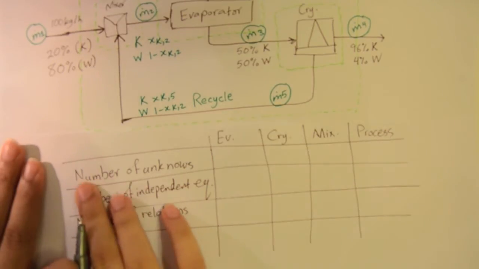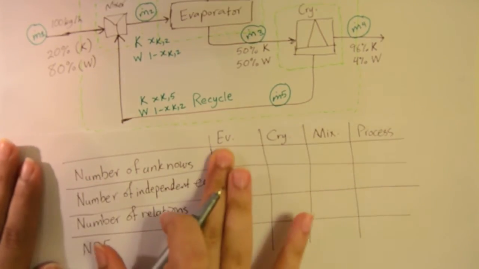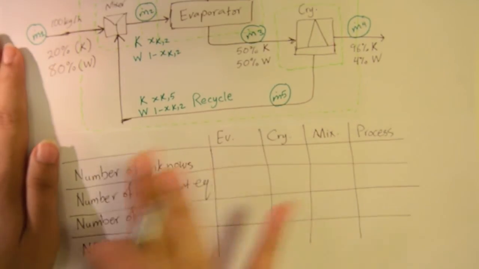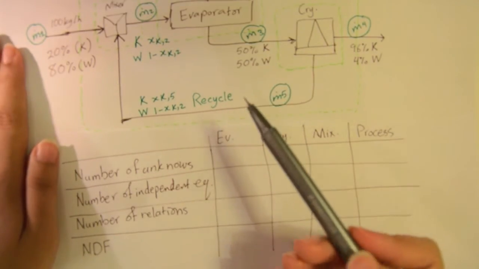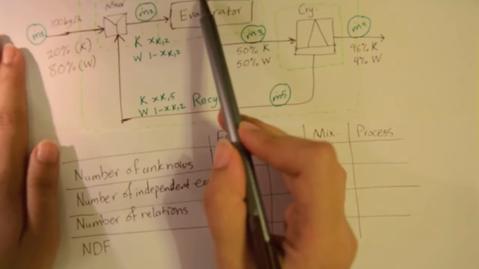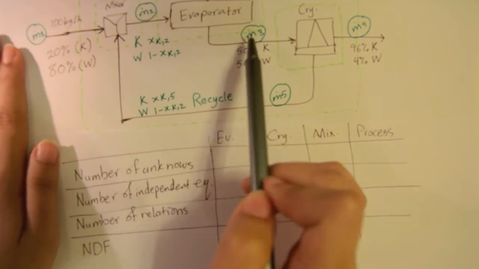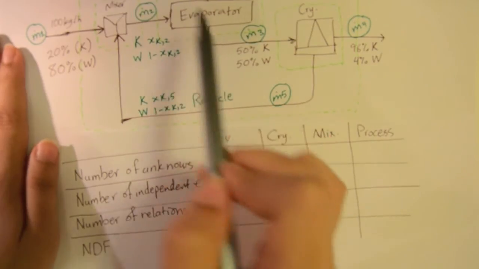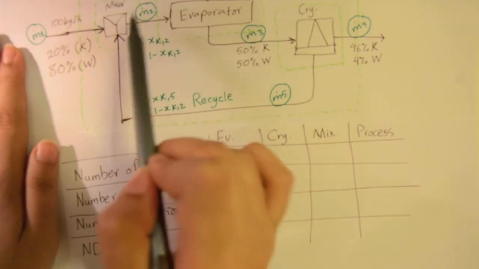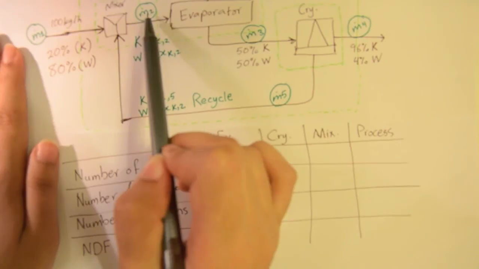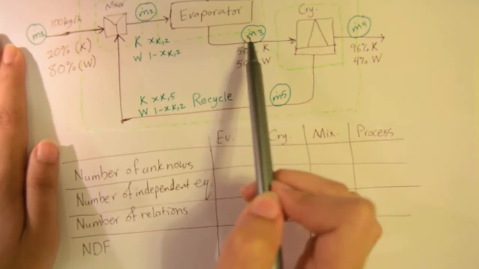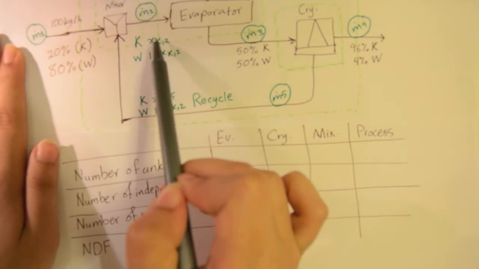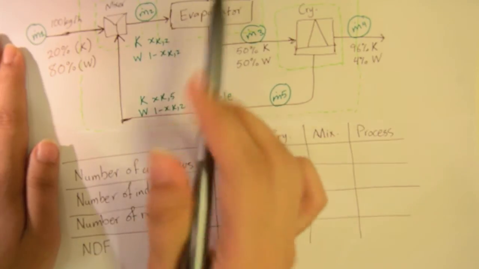Okay, so the number of unknowns for the evaporator, if we calculate it: we have M6, it's unknown, M3 going out from the system, and entering the system is M2, so it's 1, 2, 3, and the X here, so it's 4 unknowns.